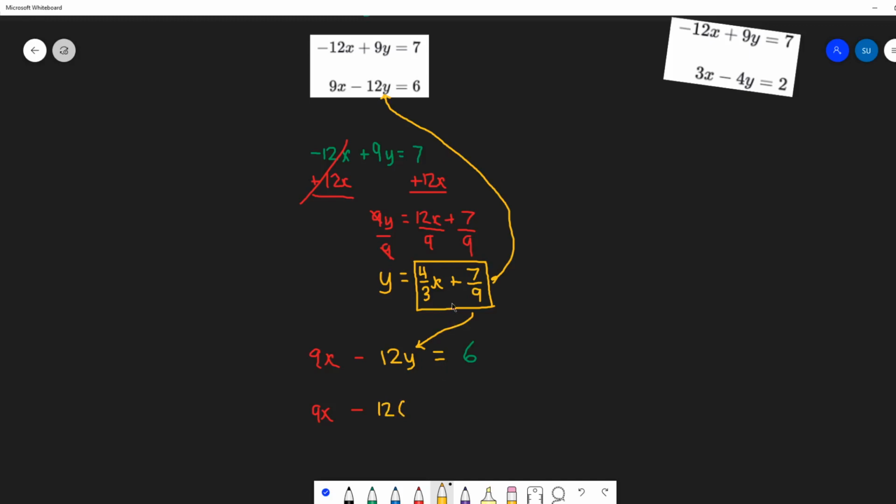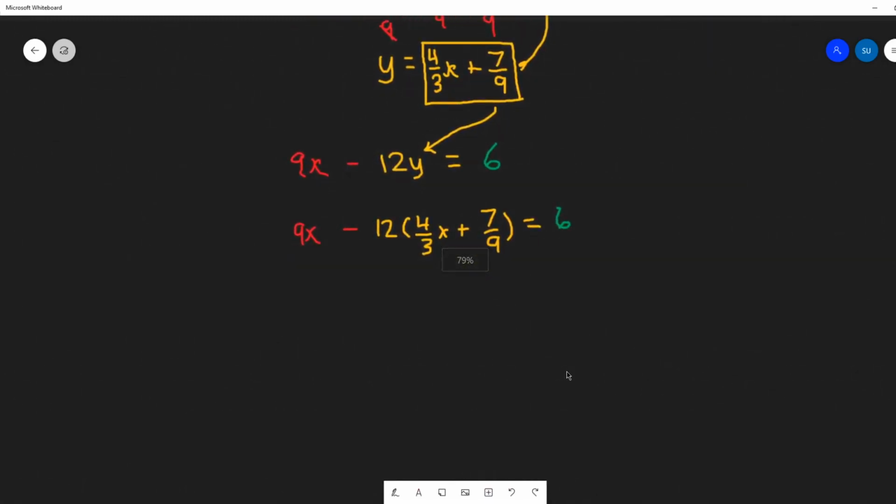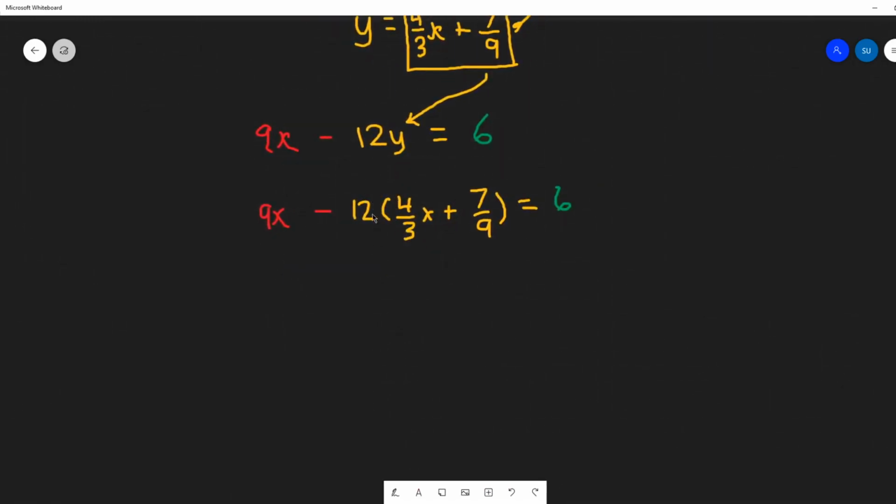So we do 12 times 4/3 x plus 7/9, and that still equals 6. Okay, so now we can distribute the 12 to the 4/3 x and the 7/9.